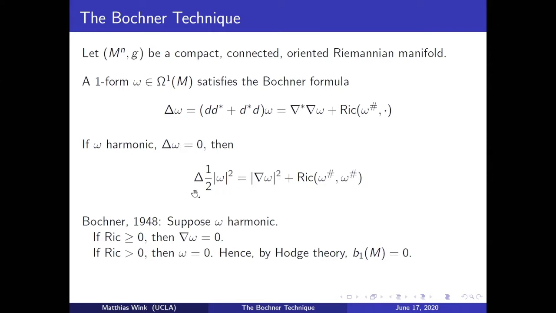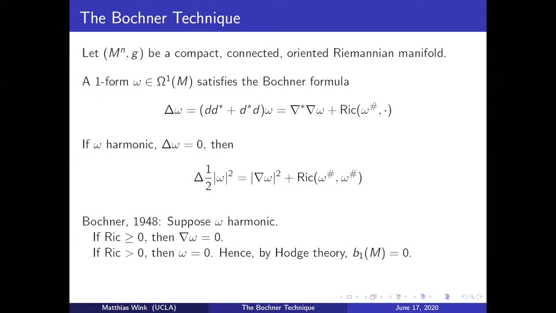So we get 0 on the left-hand side, and that also already implies that omega is parallel. Moreover, if we also know that we've got positive Ricci curvature, then evaluating omega on the Ricci curvature shows that actually omega has to be 0.